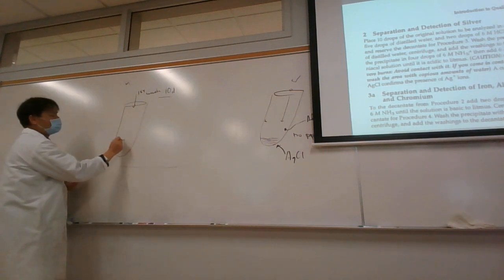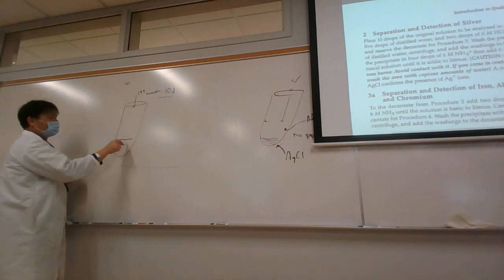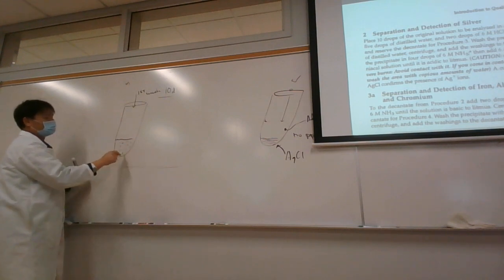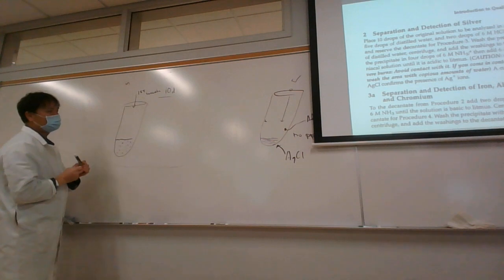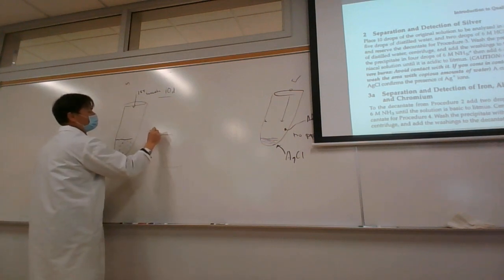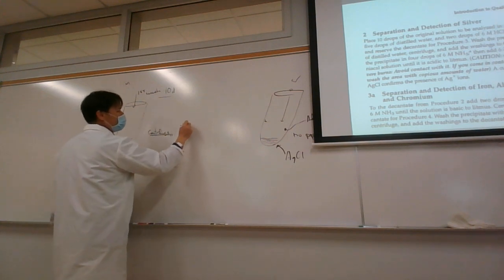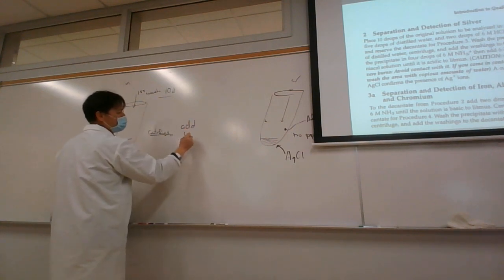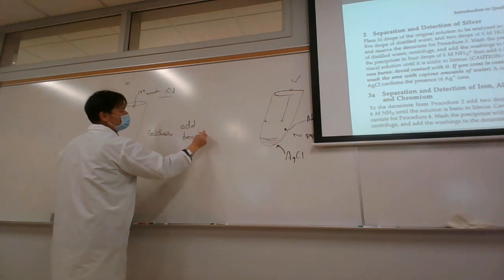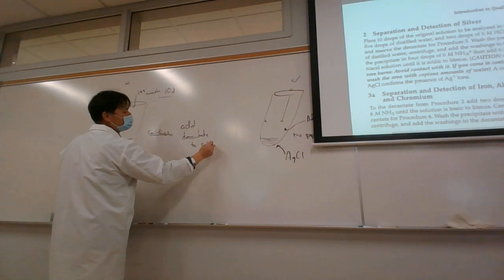Okay, when we wash this, we'll probably suspend the precipitate here, like this. And then we're going to centrifuge, and add to the decantate. Decantate would be the liquid, the remaining solution.